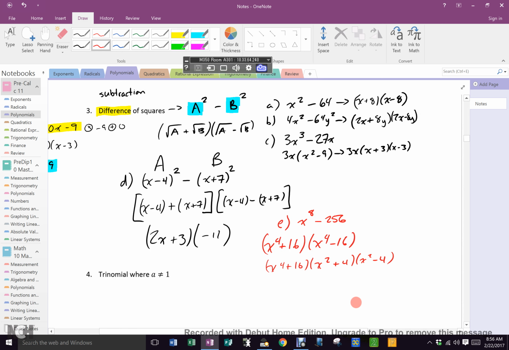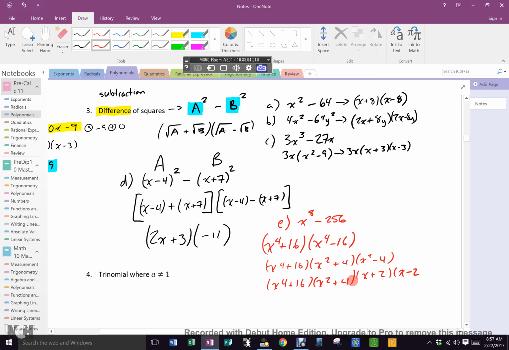I'm going to do the same thing with the 4s. x plus 2, x minus 2. Now am I done? Because you can't do anything with addition. So the answer is x to the 4th plus 16, x squared plus 4.